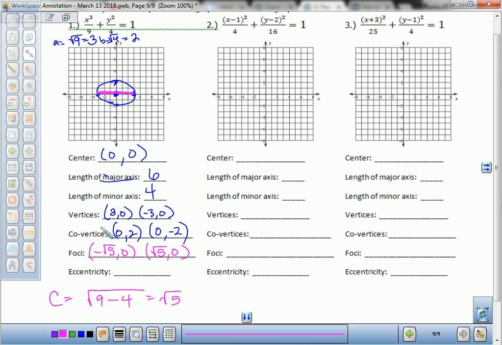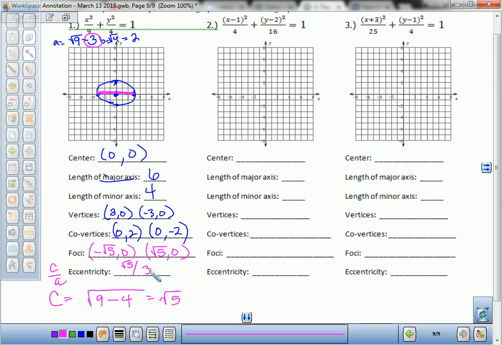All right, now to calculate eccentricity, it is c over a. We just found c to be the square root of 5. And a is 3. It's the square root of the larger denominator. So the square root of 9 is 3.